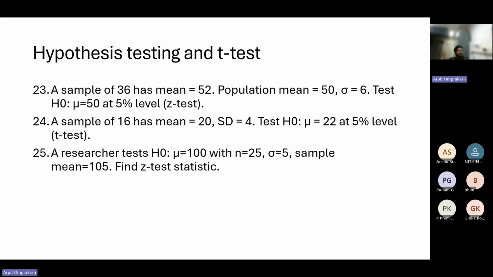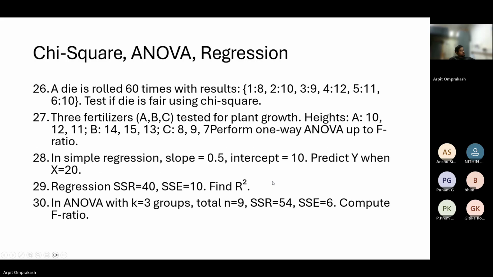You just have to calculate the z-test or t-test statistic and test. Now, this is the last set of questions on chi-square test, ANOVA, and regression. If you have any doubts on how to solve any of these, feel free to ask for now.